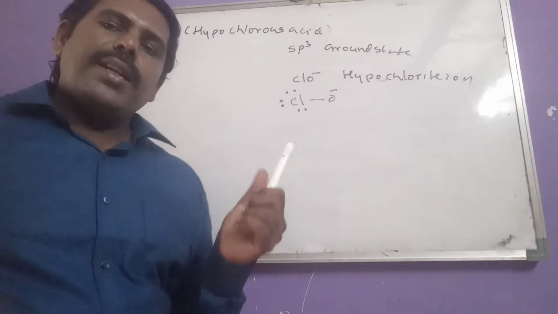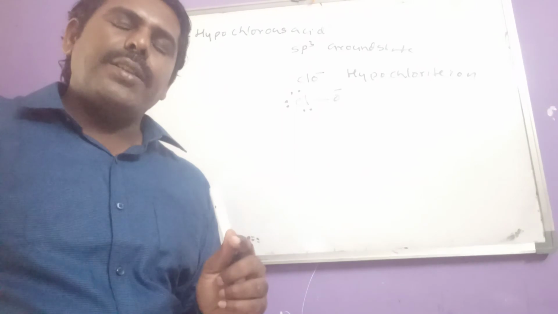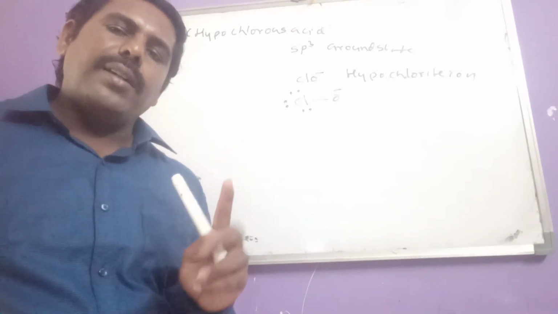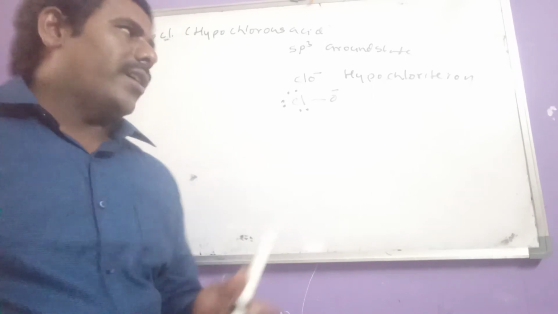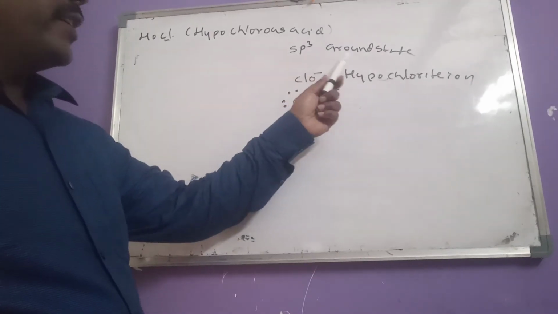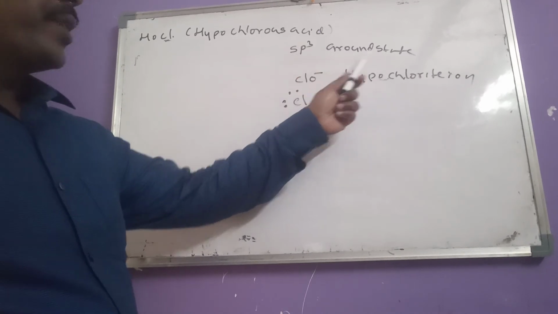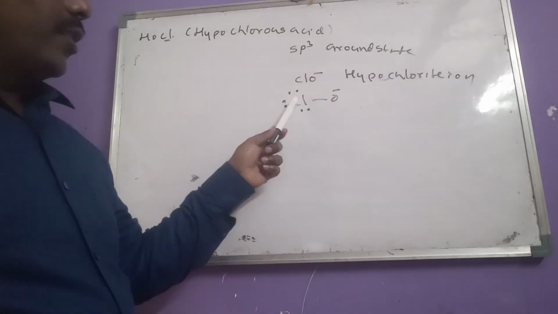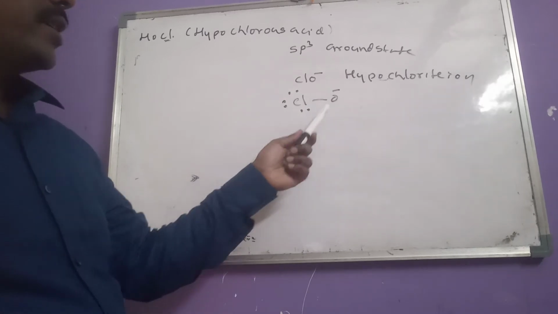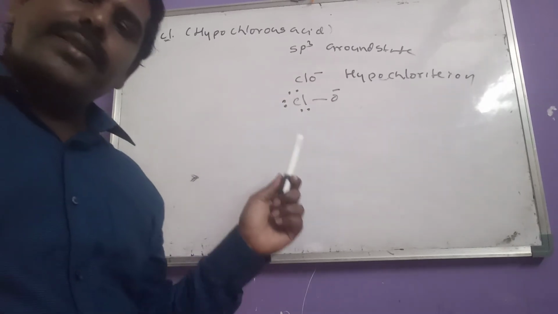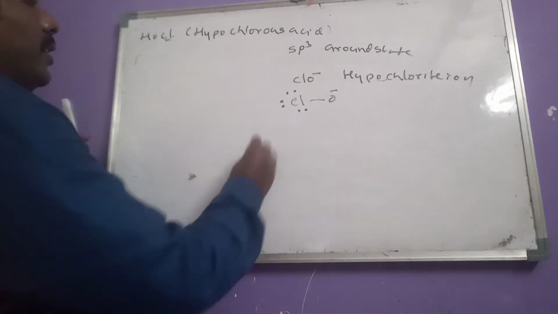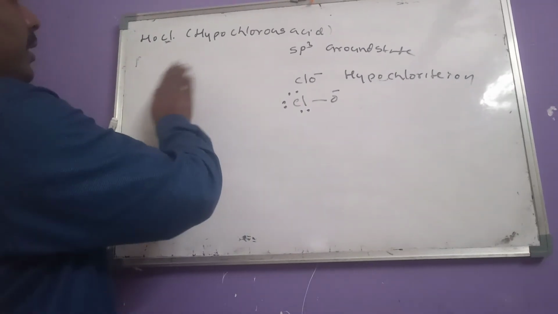We know that halogens in ground state configuration contain 1 unpaired electron, 3 lone pairs of electrons. So as chlorine undergoes sp3 hybridization in ground state, it has 3 lone pairs of electrons, and the structure is linear.